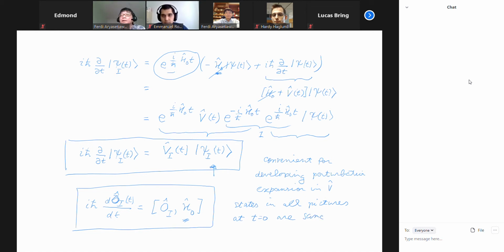That's our reference point. At t equal to 0, all the states are the same. That's by definition. You need a reference point, otherwise you can't tell the difference between the different pictures.